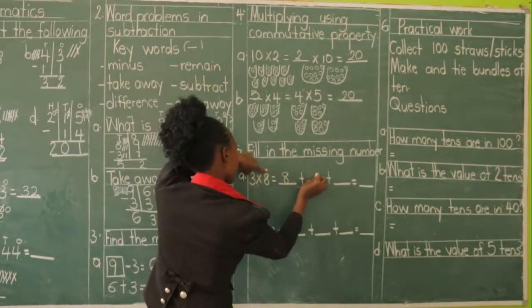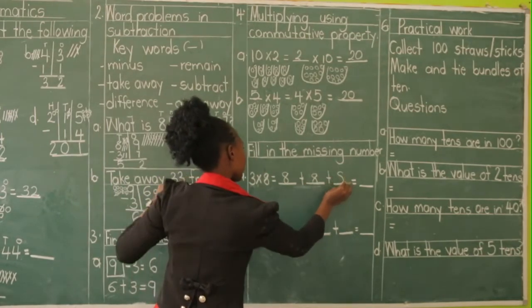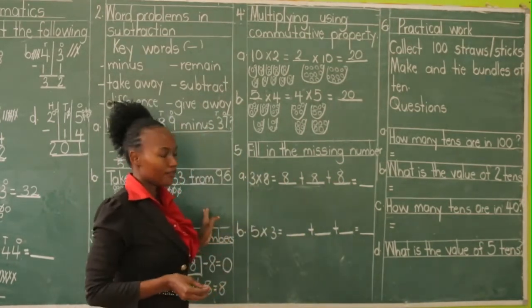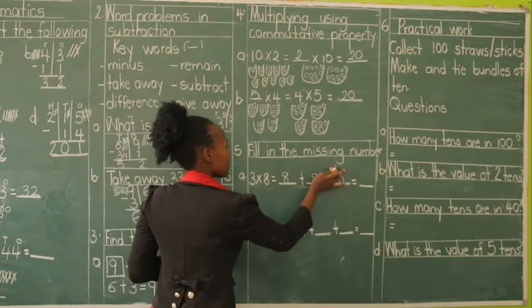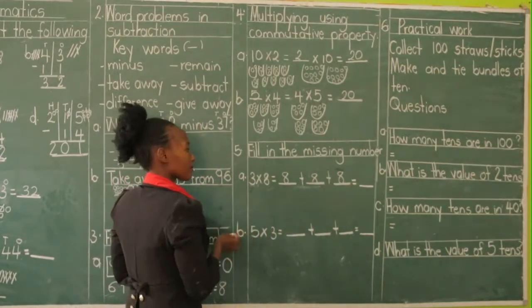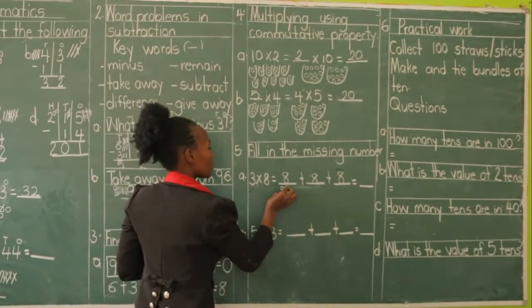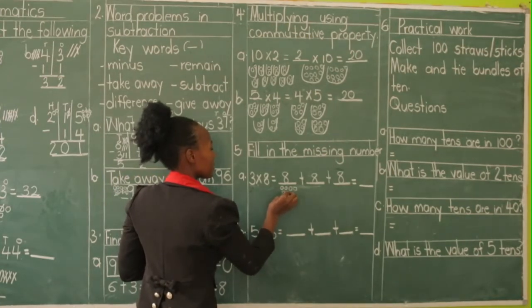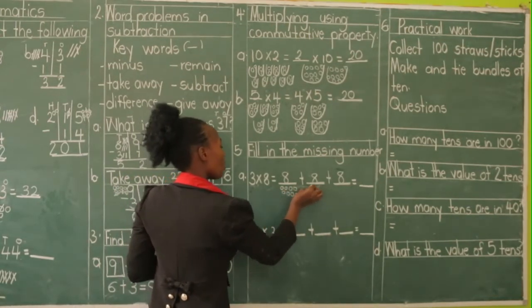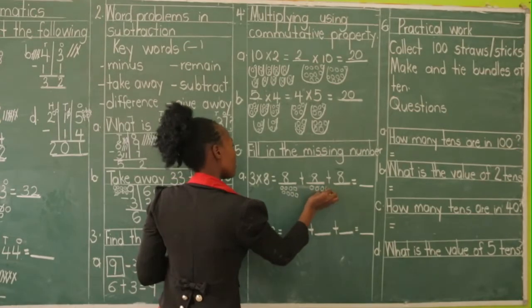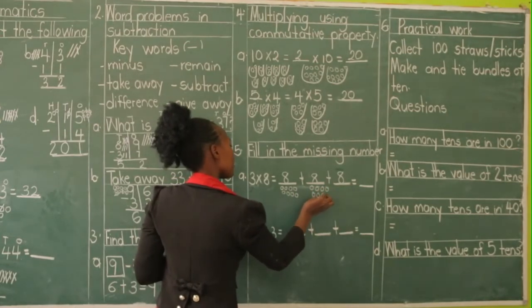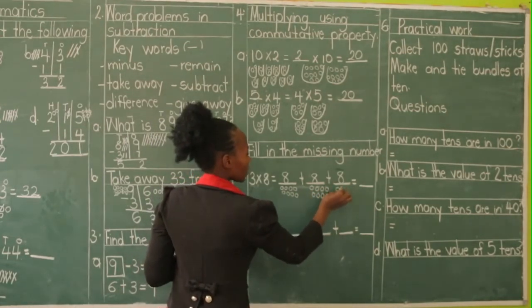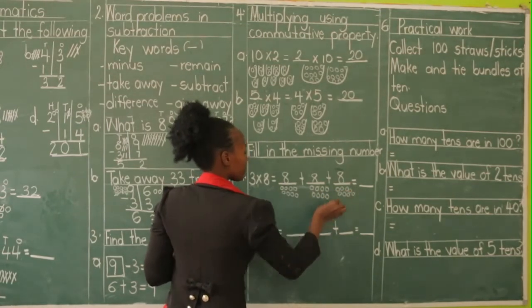8 plus 8 plus 8. After we add them and find the answer, we draw balls for the numbers: 1, 2, 3, 4, 5, 6, 7, 8, three times.